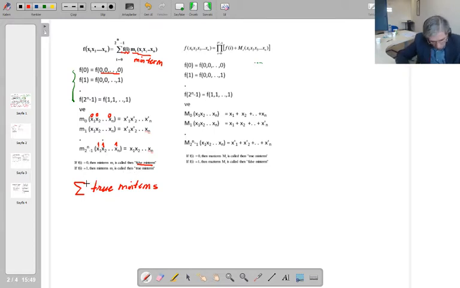So if you got p numbers of one values in your Boolean function, then you can write this Boolean function as the summation of p true min terms. Similarly, this is the dual of this.